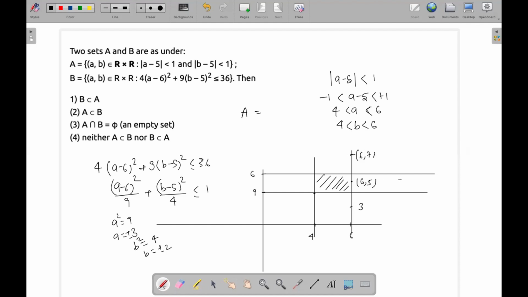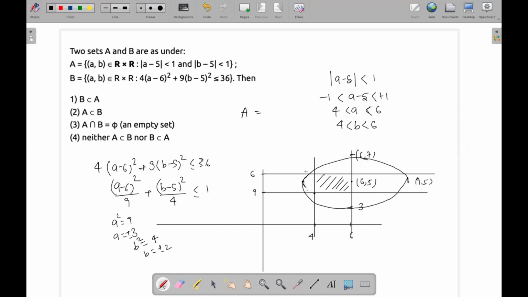Similarly, you go 3 units this way, which will be 9 comma 5, and then 3 units to the left of the center, you would reach the point 3 somewhere over here. So your ellipse is looking like this. This is how the ellipse could have looked. You may get an idea then. So this is how it is looking.